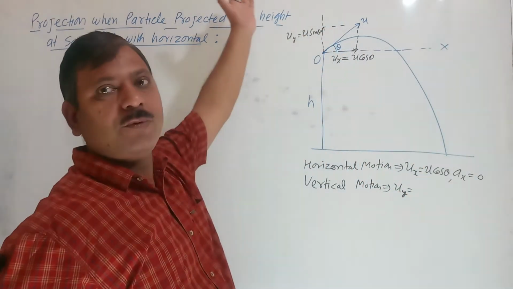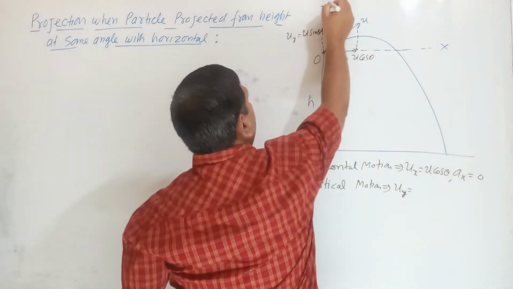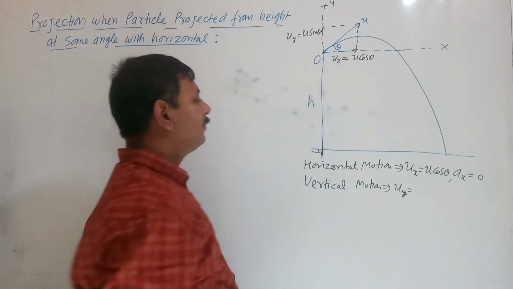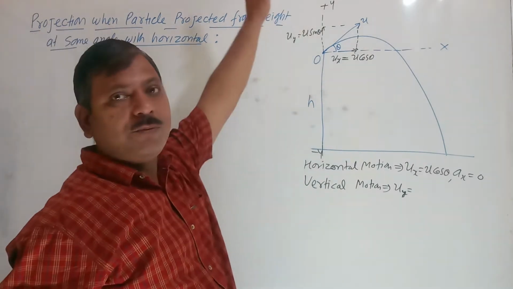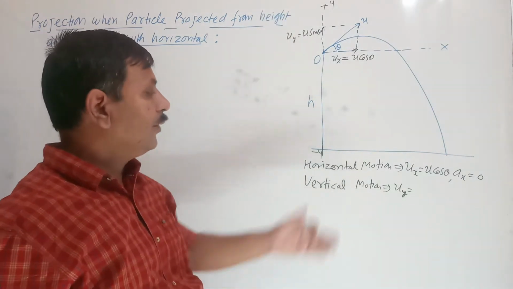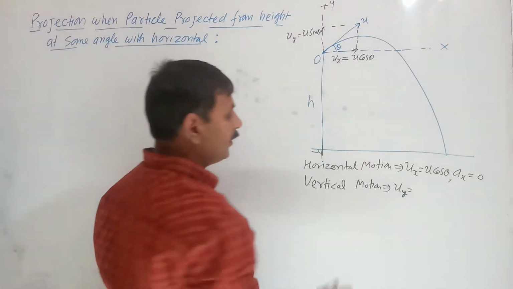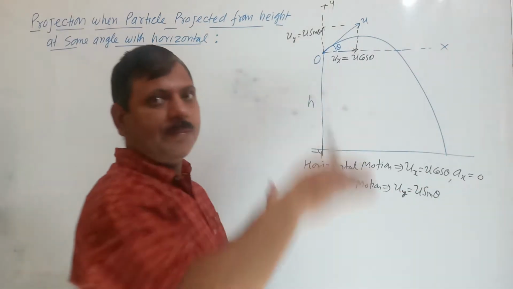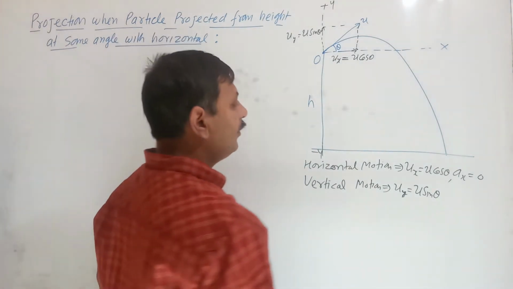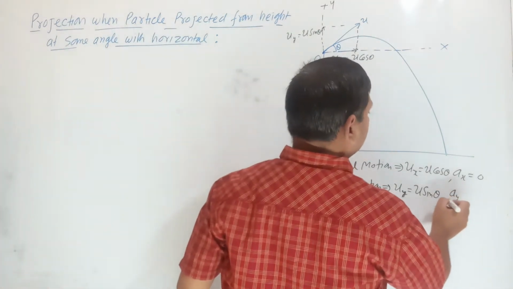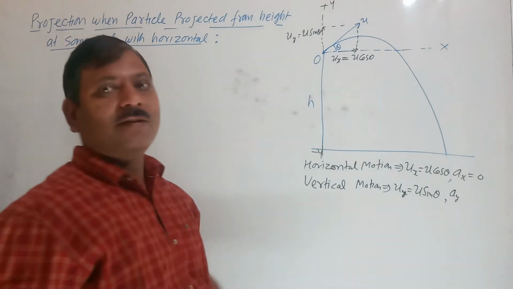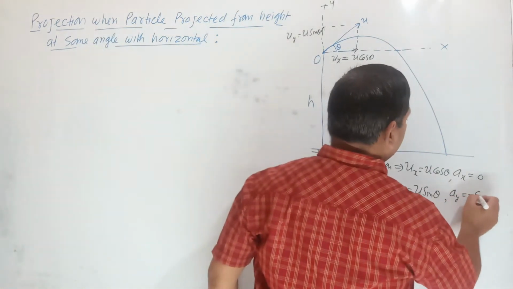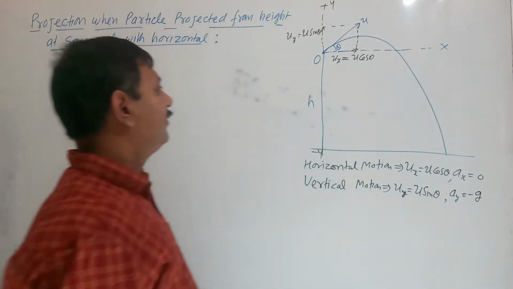I have taken upward as positive and downward as negative y direction. Upward is positive, so the initial velocity uy is equal to plus u sin theta. Downward motion is negative, so the vertical acceleration, being downward, will be negative, that is minus g.